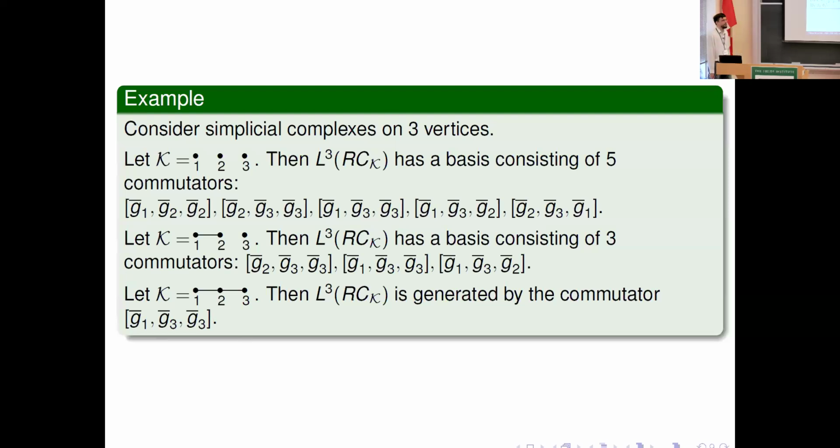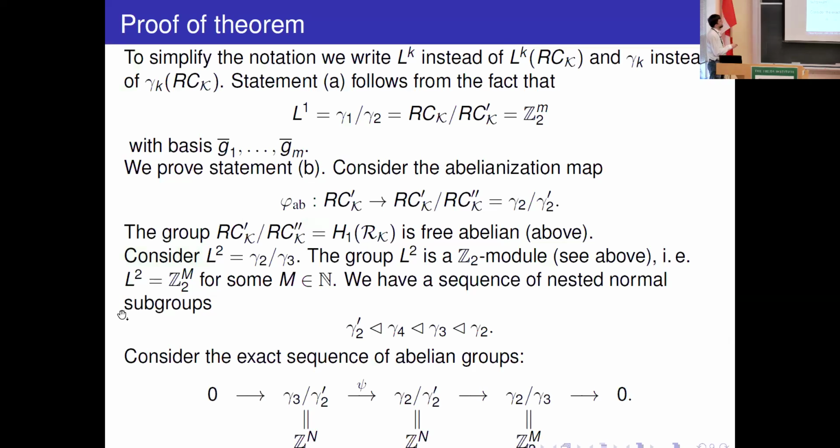Okay, I have 4 minutes left, and quickly about proving this theorem. To simplify notation, we write L_k without RCK, and gamma k without RCK. L1 with this basis. Okay, we prove statement B, about commutators of length 2.